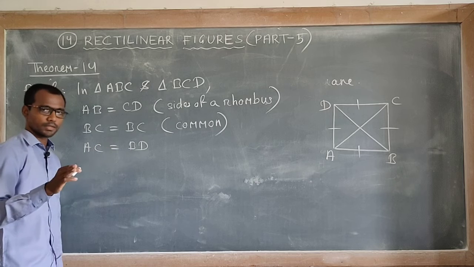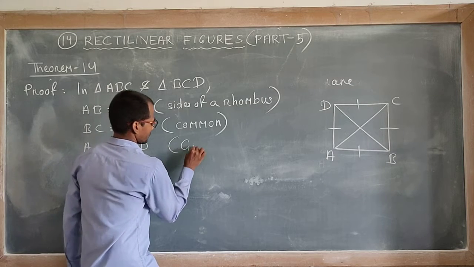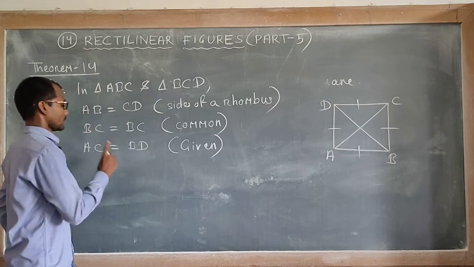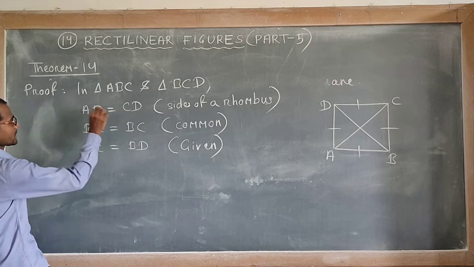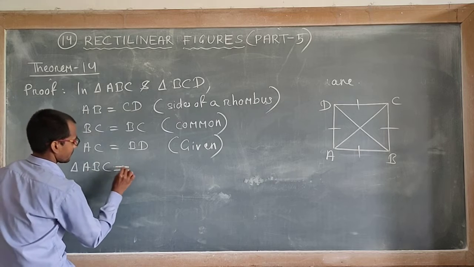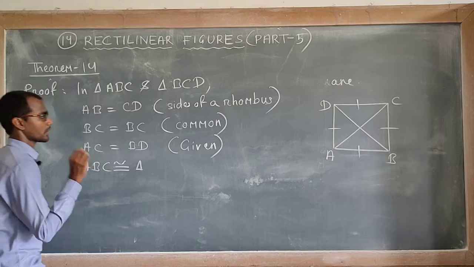AC and BD are the diagonals which are equal. This is given. This is not a property of rhombus. So by SSS, these two triangles are congruent.